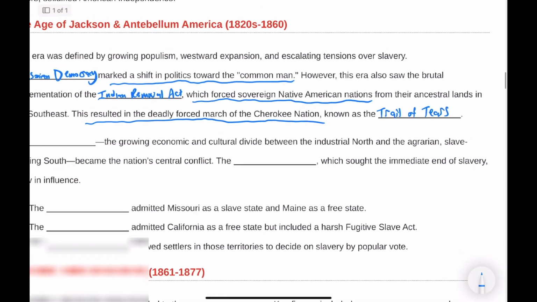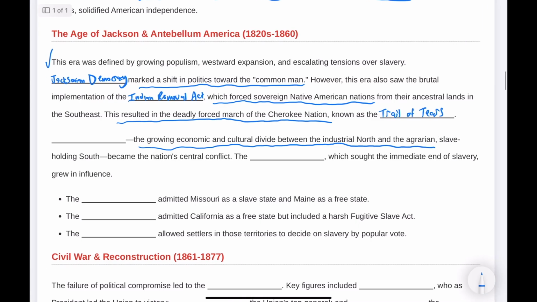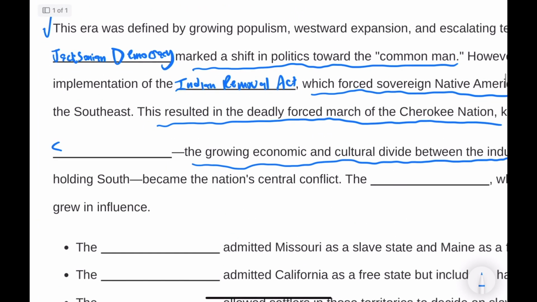Okay, here we go. Blank, the growing economic and cultural divide between the industrial North and the agrarian slave-holding South. Let's see what that is. That was called sectionalism. Again, dividing our nation. All right.